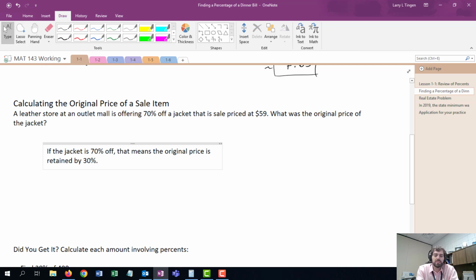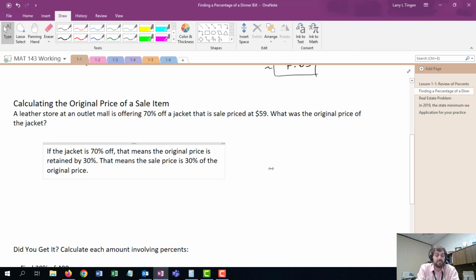That's kind of a weird way to say it, but I want you to think of it this way. If you take the original price and you knock off 70%, you hold on to 30% of the original price. So that means the discount price, or the sale price, is 30% of the original price.